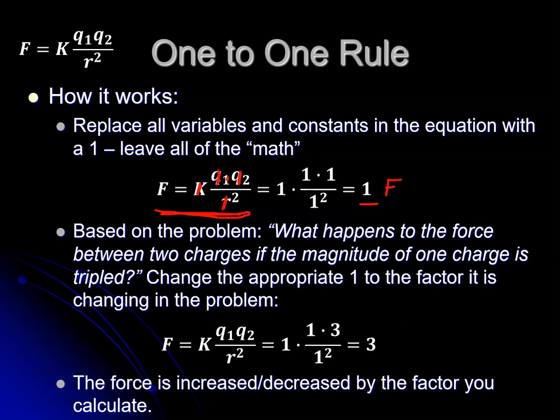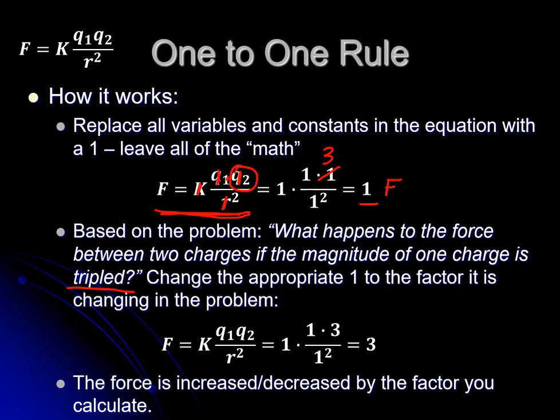Now, from here, you're going to be given a problem. For example, what happens to the force between two charges if the magnitude of one charge is tripled? So that is, one of these charges is tripled. Doesn't matter which one of them's tripled. So to figure out how that affects the force, I'm going to go to this whole thing where I have all the ones, and I'm going to take one of the charges and I'm going to triple it.